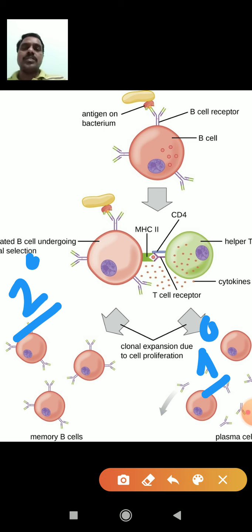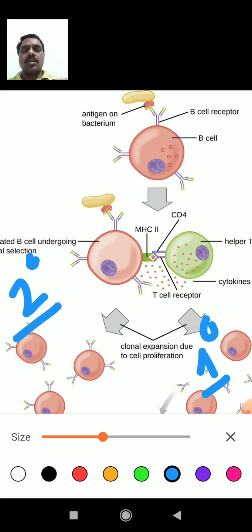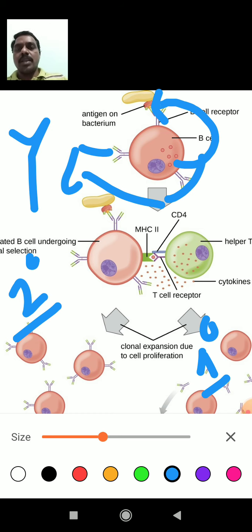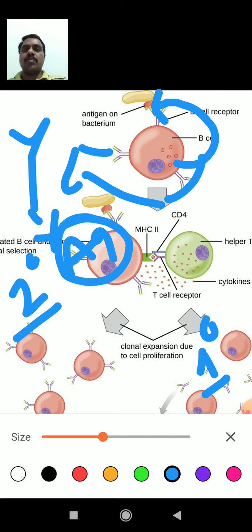So this is B cell activation. B cell activation is also called humoral mediated activation, because the B cells do not directly kill the antigens. They release the antibodies, and those antibodies kill the antigens in our bloodstream.